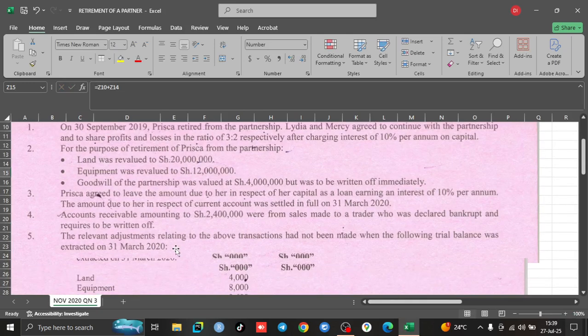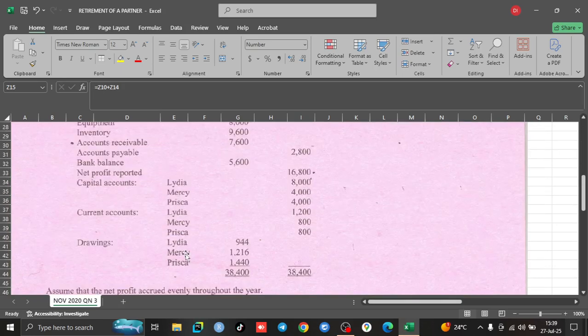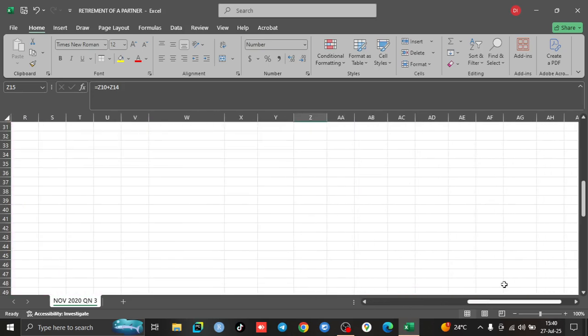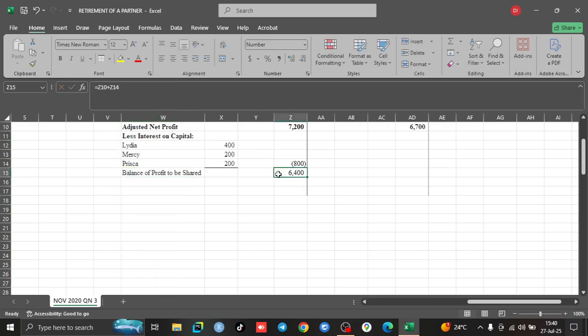Then, is there any salaries to partners? We also deduct any salaries to partners at this point. I have not seen anything mentioned with regards to salaries to partners. So if none is availed, what we have here is our balance of profit to be shared. Our balance of profit to be shared is this.